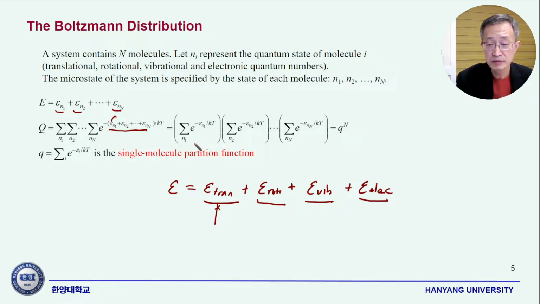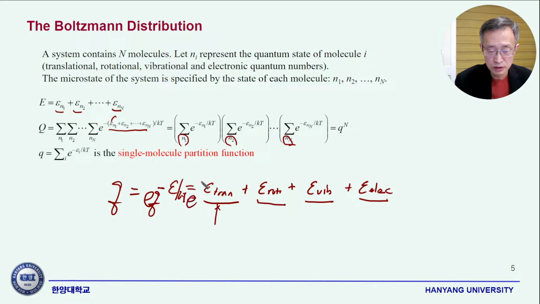This is a molecular summation, the small q, which is the sum of e to the minus epsilon over kT.